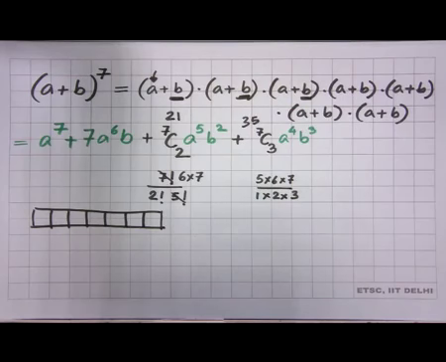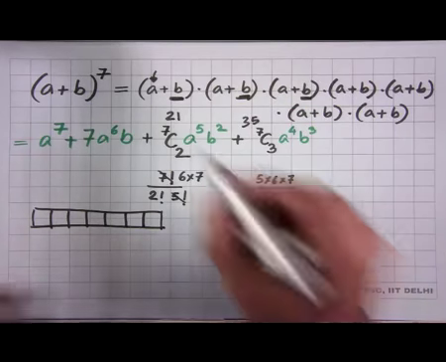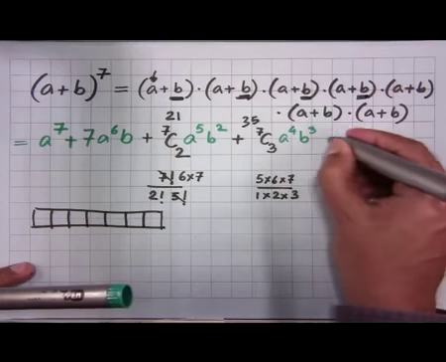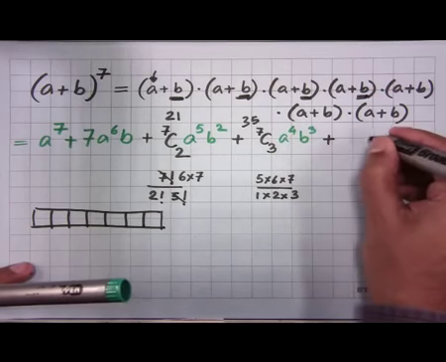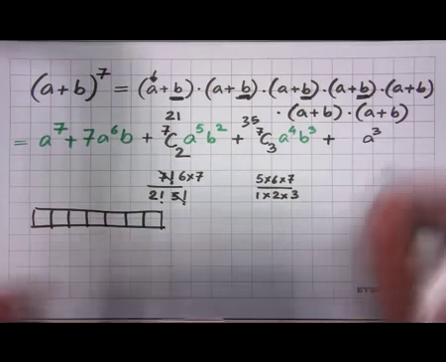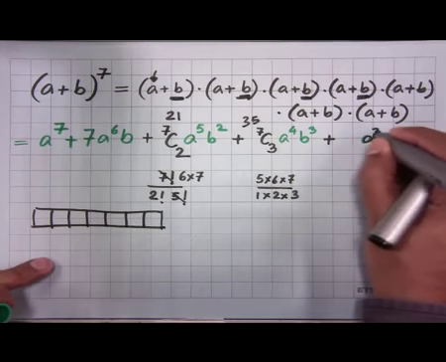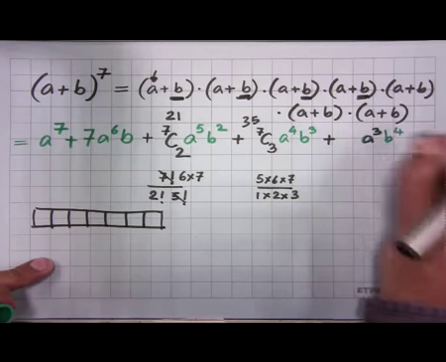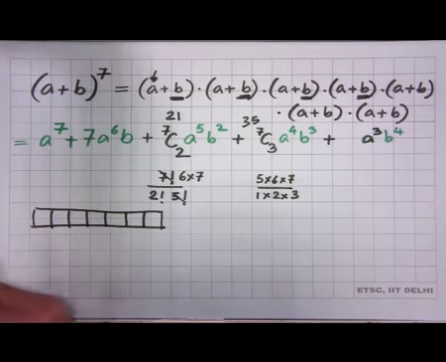And then next what you can do is, you pick 4 B's and the remaining ones you keep as A's. So, you end up with a cube b power 4, and how many different ways can you do this?